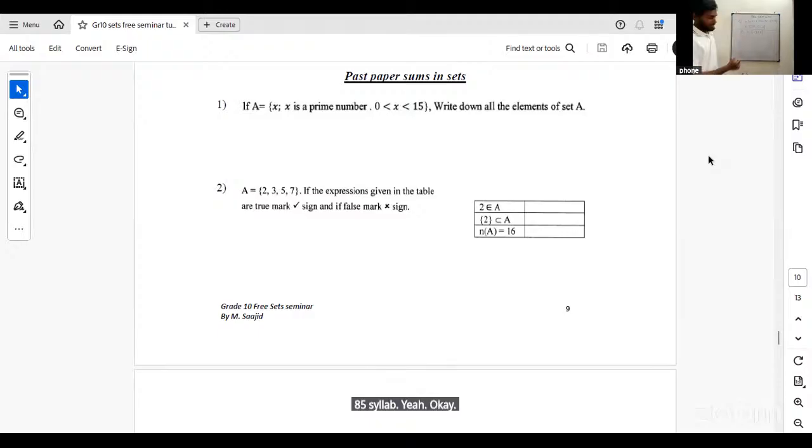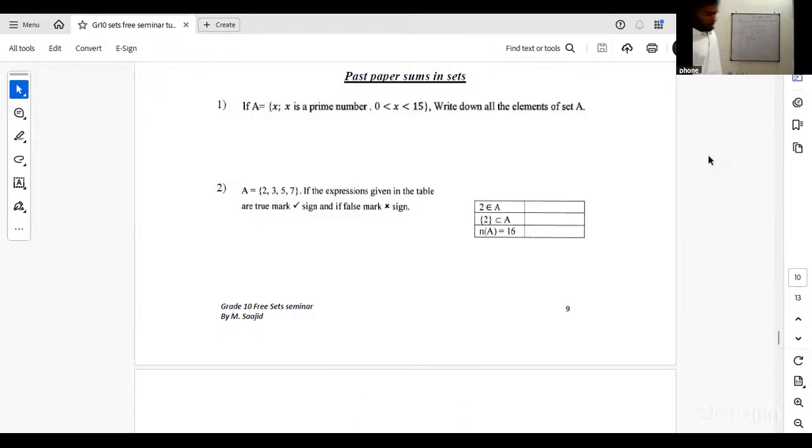First one: 2 is an element of A. Is it correct? Yes, that's correct. It is an element.